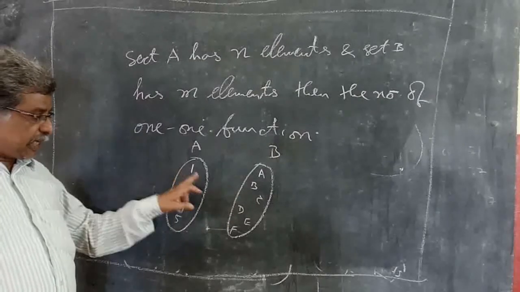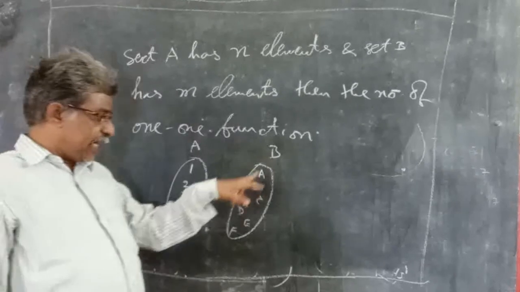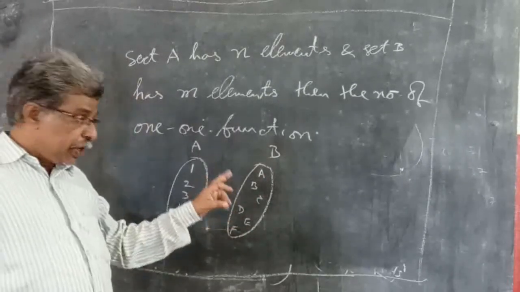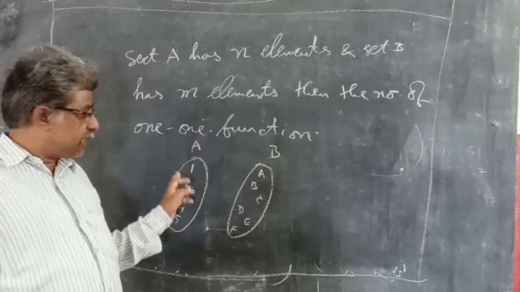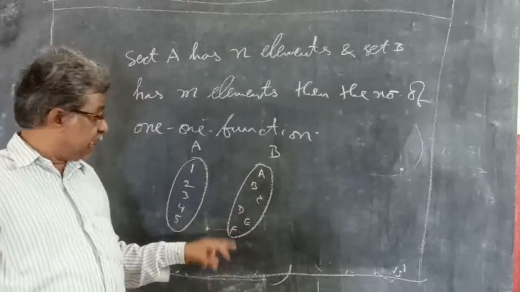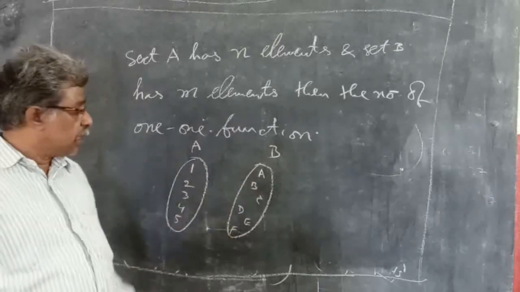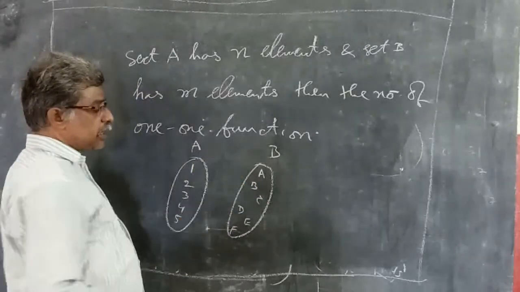Each element of A should have a unique image in B, as well as each element of B should have a unique pre-image in A. That is, 1-1 means it should be a function first. Function means every element of A should have a unique image in B, and the pre-image of B should be unique, that is 1-1. So a 1-1 function means it should satisfy both.